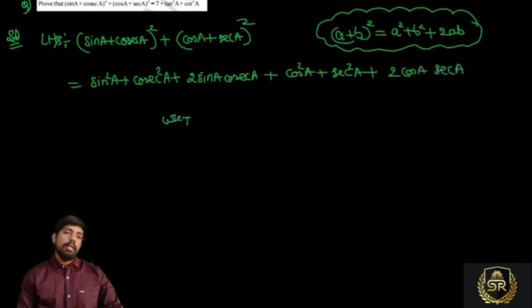We know that cosecant a is 1 by sin a. Next, secant a is 1 by cos a. Right, this is known.